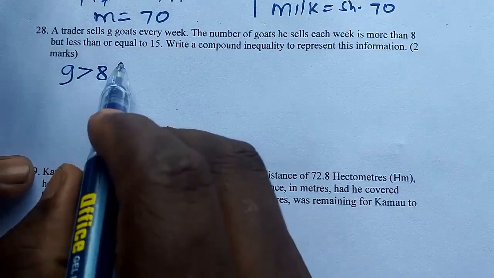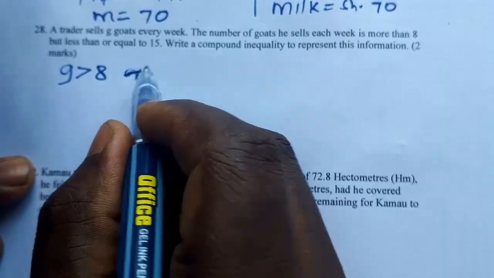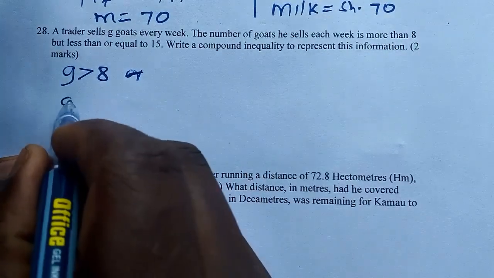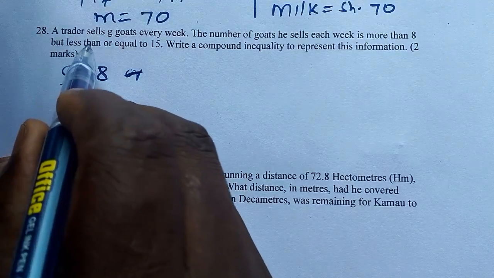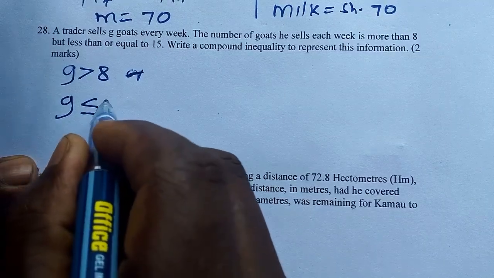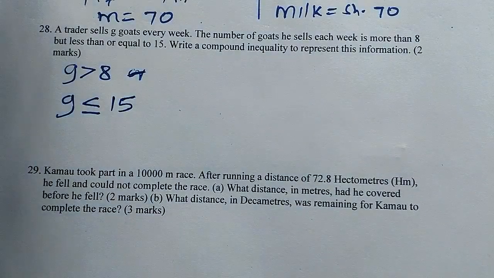Or, we can write the other one, that G is less than or equal to 15. Those are the two inequalities. Now we combine them.